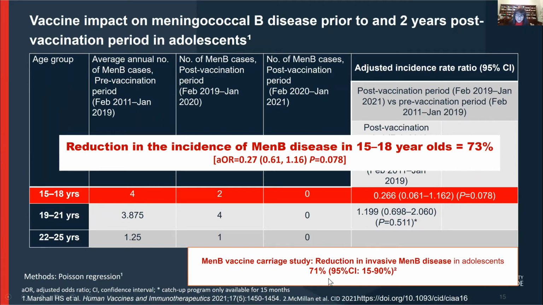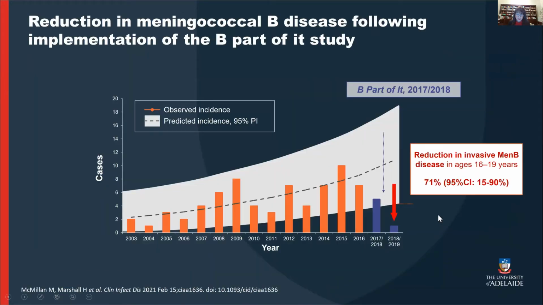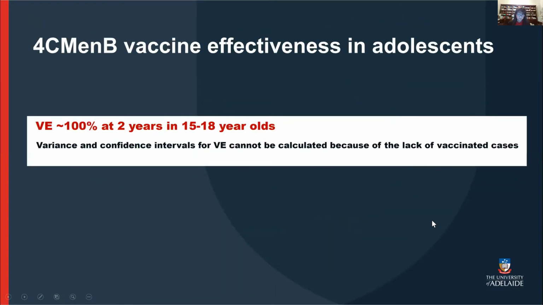And you'll see we did see a significant reduction in that study, which is published in CID. So our numbers were quite low then when we introduced the state-funded program, and that's why we haven't seen a significant impact. But the 73% and 71% are very closely aligned, and that just shows you that reduction that was significant in our B Part of It study, looking at the impact of 4C-Men-B on carriage.